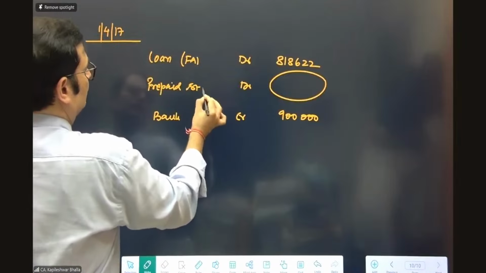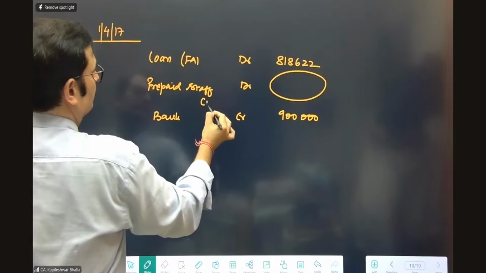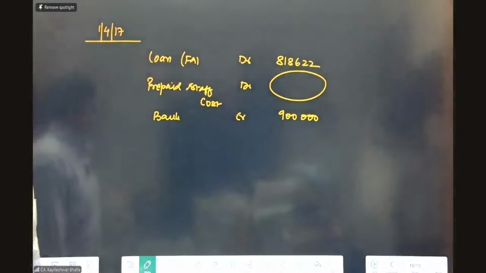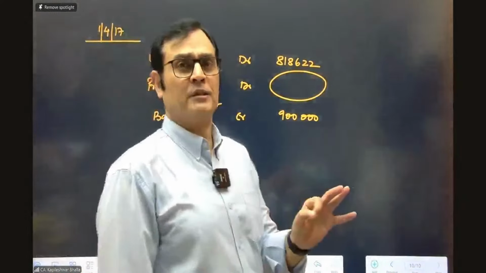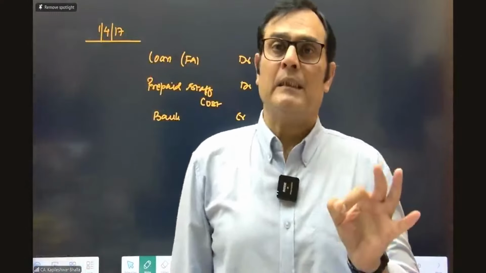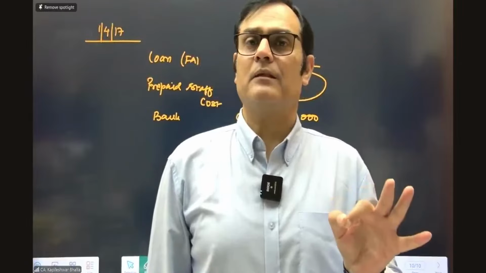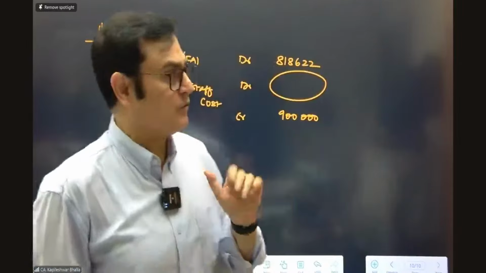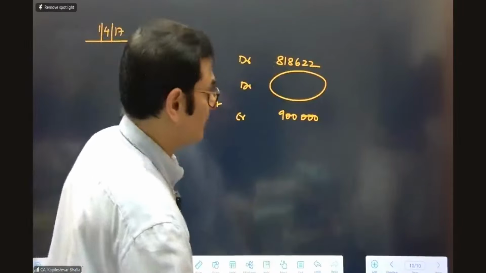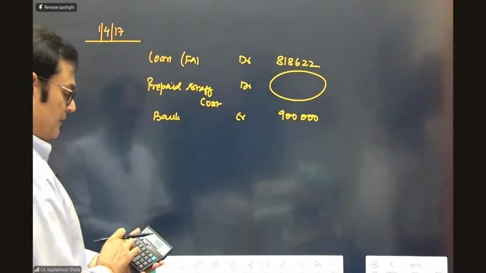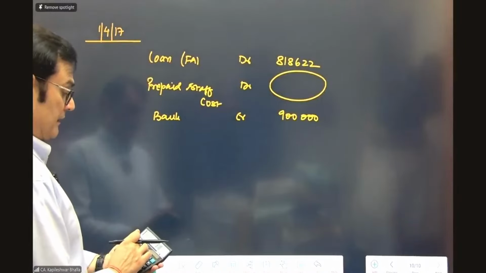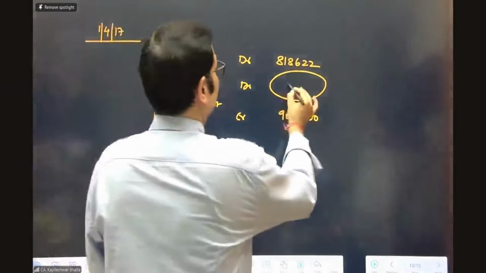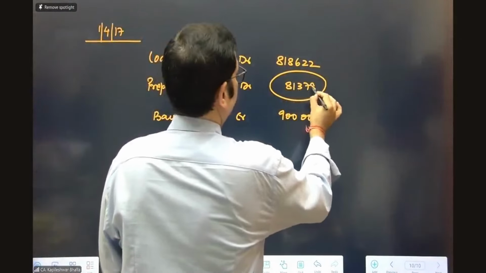And you can, of course, give the inputs to the examiner. You need to give your explanation as well. How did you reach a conclusion that this is a prepaid staff cost? Tell the examiner it's an employer-employee relationship and the difference is attributed as prepaid staff cost. So let's see what is the balance. 9 lakhs minus 818,622 is 81,378.